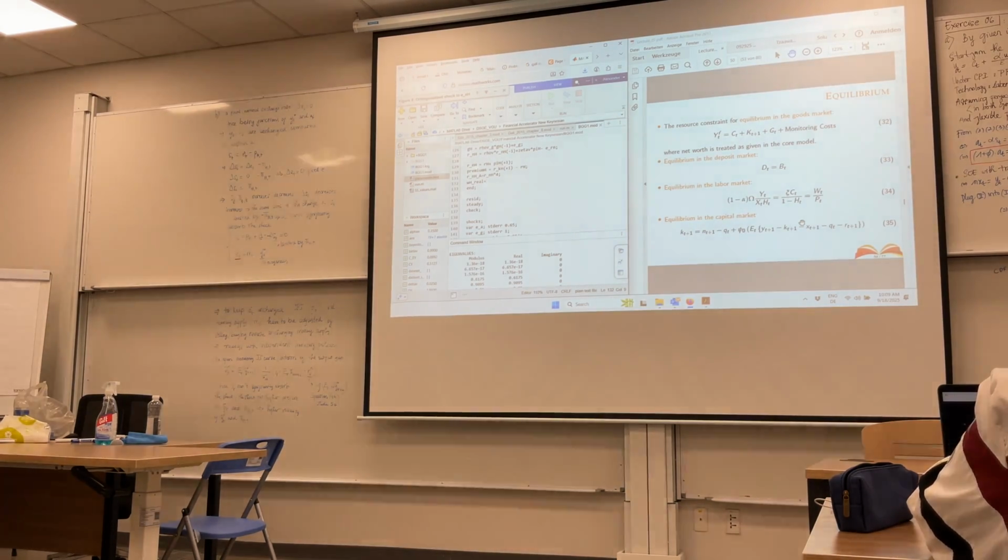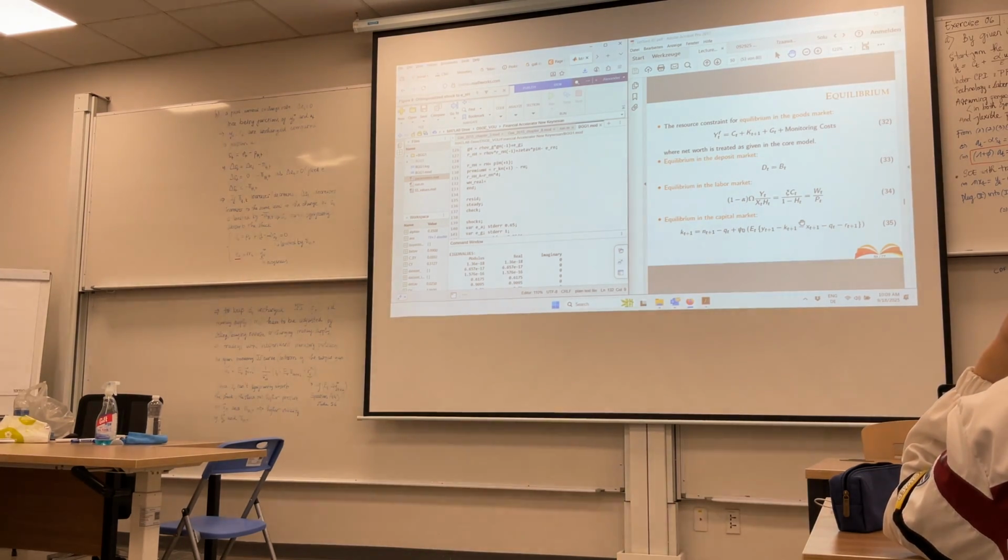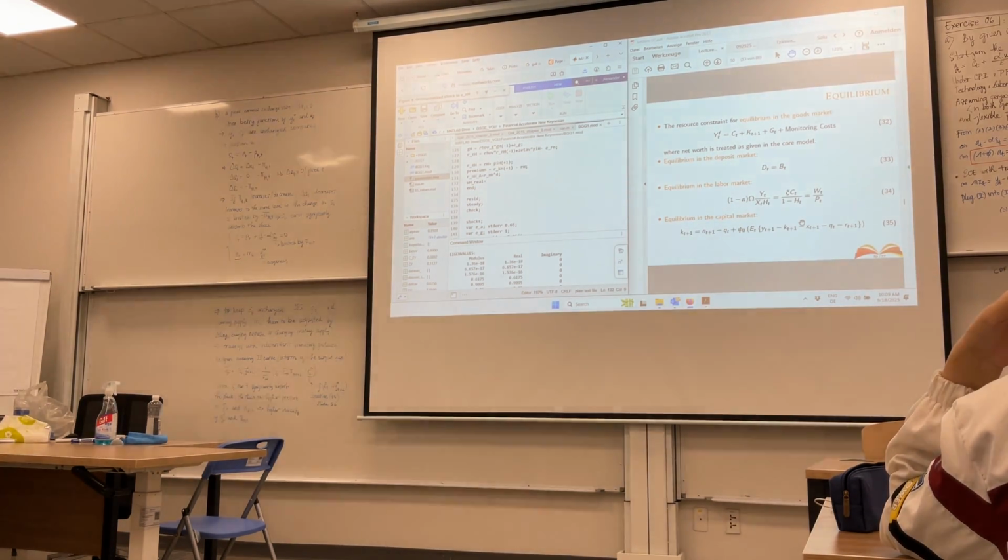W hat plus H hat_T equals C hat_T, using our exponential log approximation.